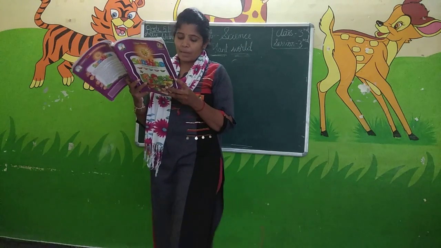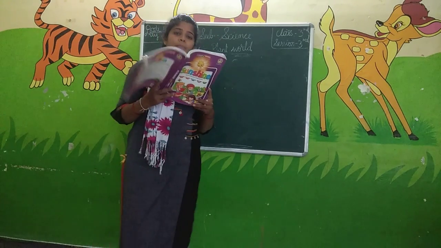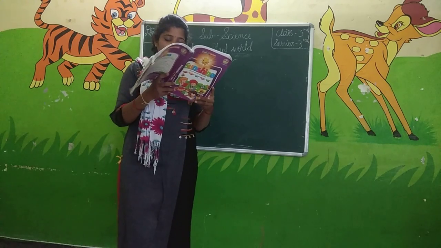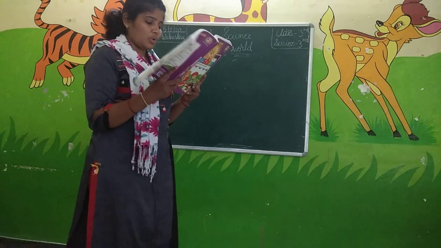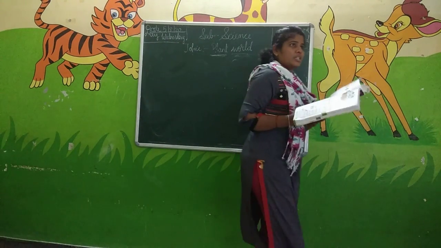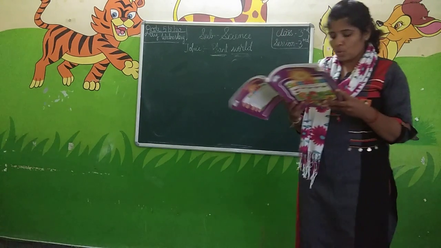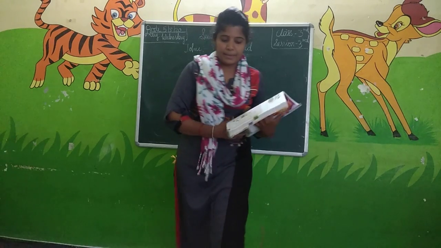We know that a single plant produces many seeds, but only a few of them germinate. In one plant we get so many seeds, but only some will grow as a new plant. Why won't the remaining grow? Let us find out the conditions required for germination of seeds.